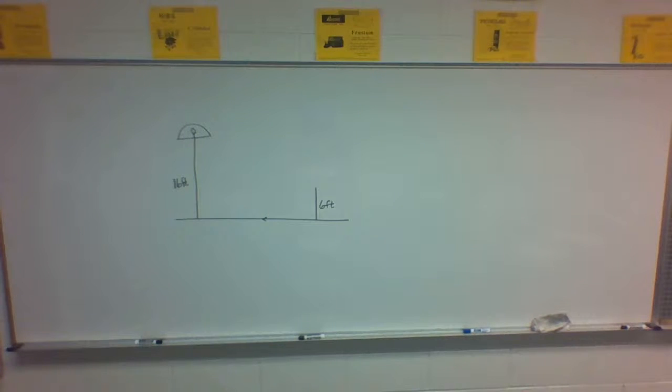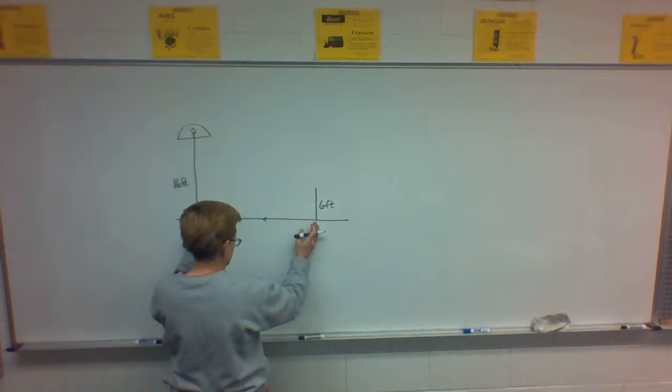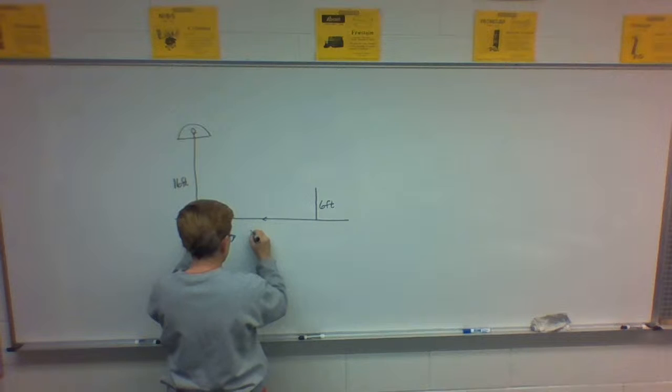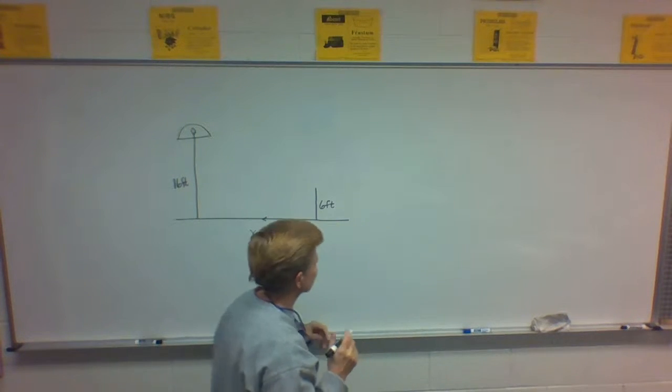It says, and the man walks at a rate of 5 feet per second. That means we need some variable names. This is changing, right? As the man walks that way. What do you want to call it? Good. Okay. What have they told us with that 5 feet per second?